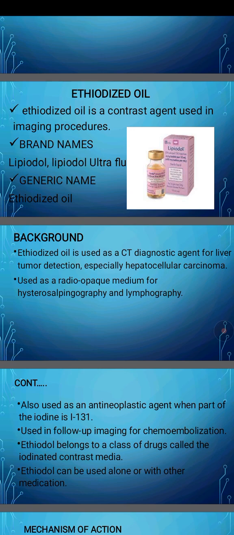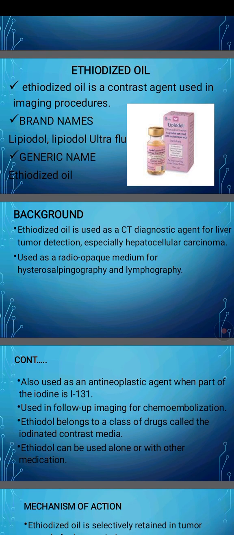Hysterosalpingography is an X-ray procedure of viewing the inside of the uterus or the fallopian tubes. It is used to view whether the inside of the uterus is a normal size or not.